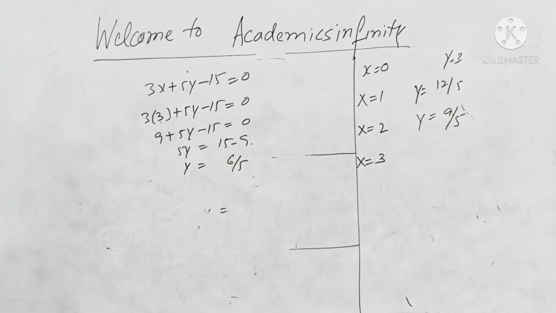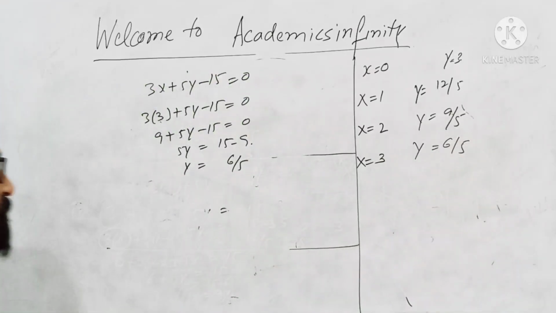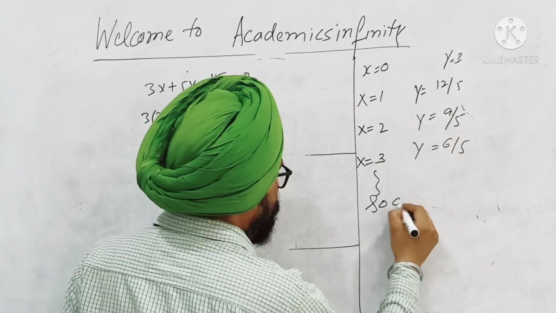Then the value of y is 6 over 5. And so on.